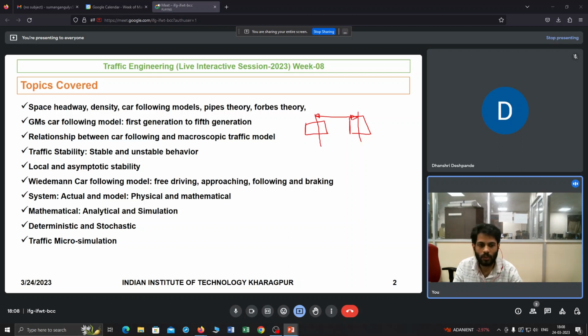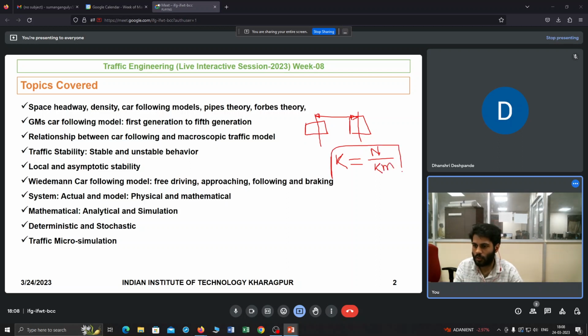directly related to the density of a traffic stream. Density means the number of vehicles per kilometer.